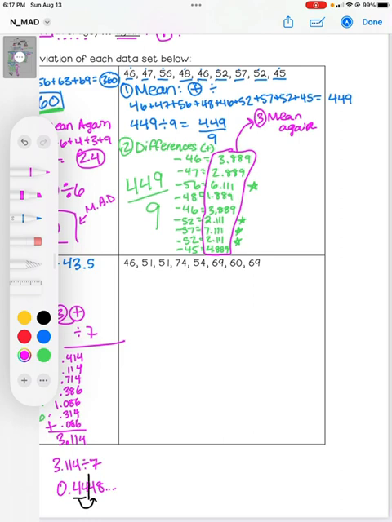I had to repeat it because 52 is 2 separate data points, so I have to use it twice. And it was continuing on, plus 4 and 889 thousandths.